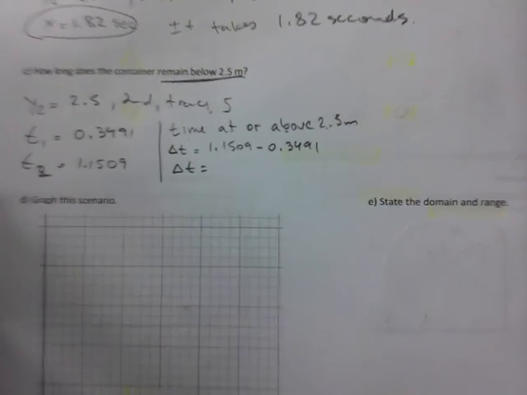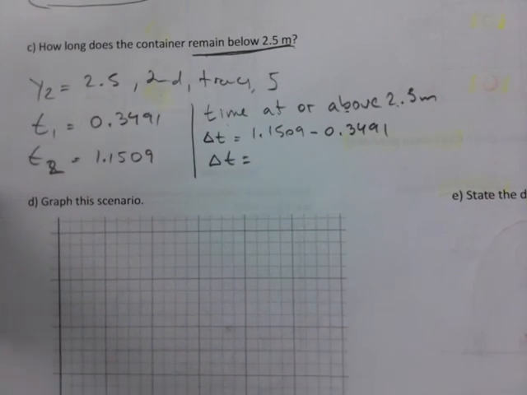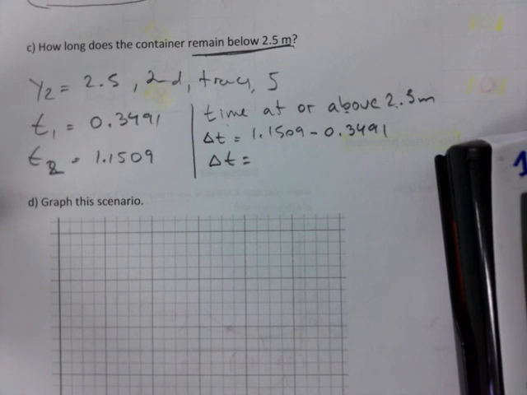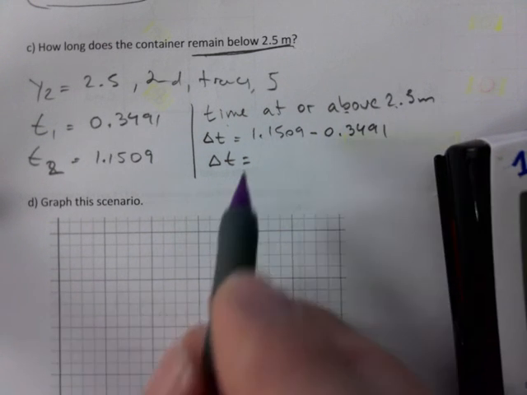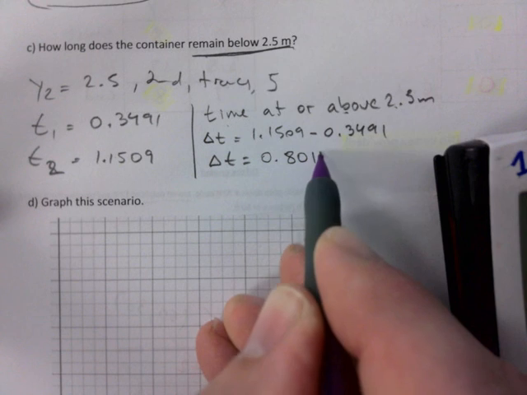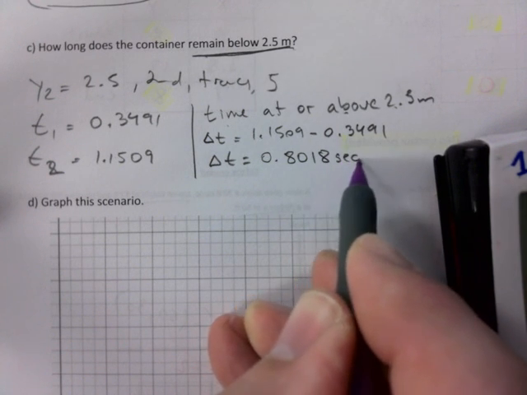Let me zoom into that. And so I will go ahead and subtract those. And that is 0.8018. I'm not rounding yet.